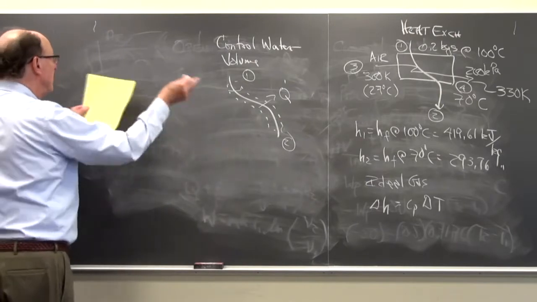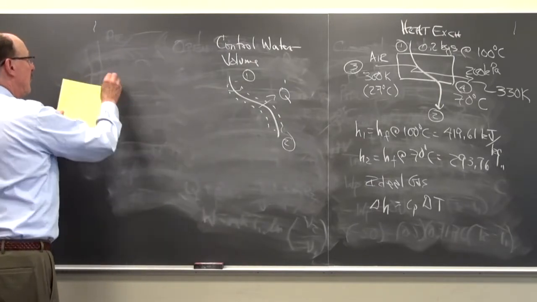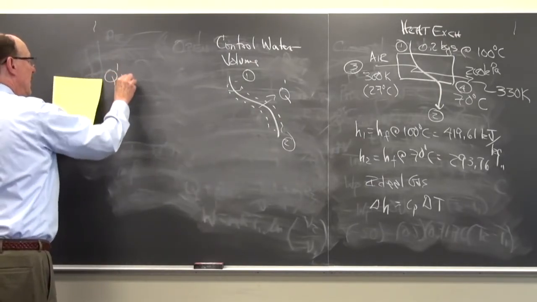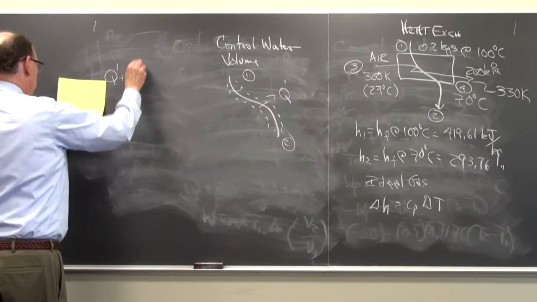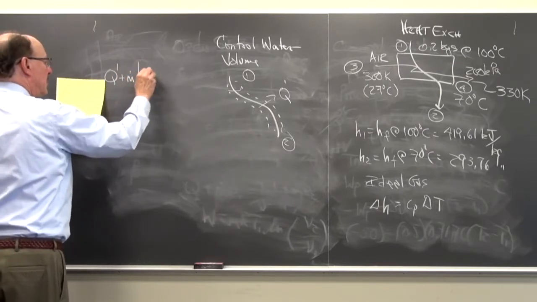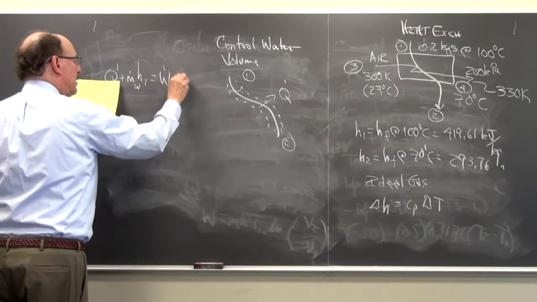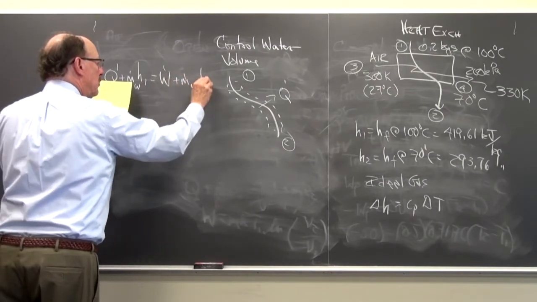So now let's write the control volume for the water. We wrote the equations that govern this. So I have Q dot plus m dot water H1 is equal to W dot plus m dot water H2.